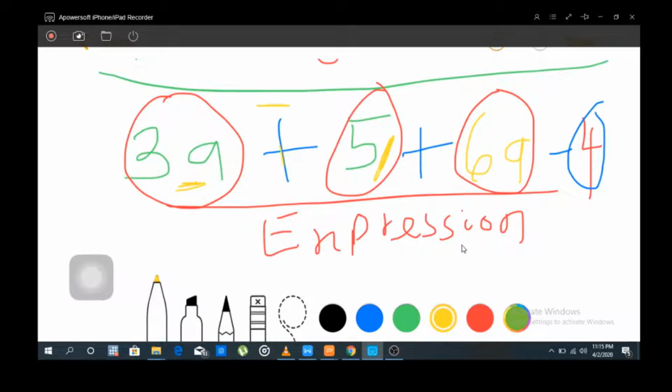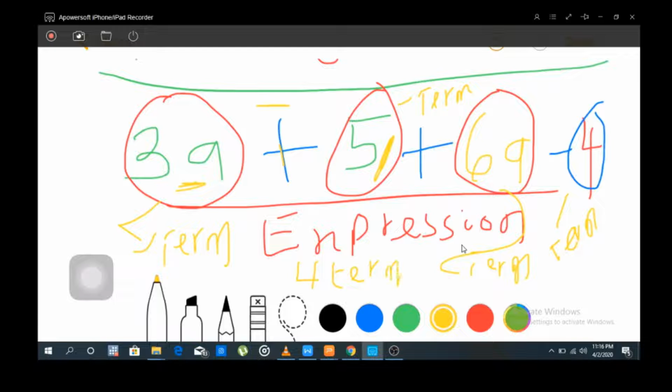Because the sign of operation is separating it, this becomes a term. This is also a term. This is also a term. And this is also a term. So in this expression, we have 4 terms. Good.